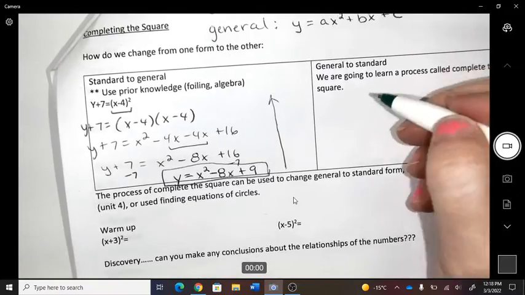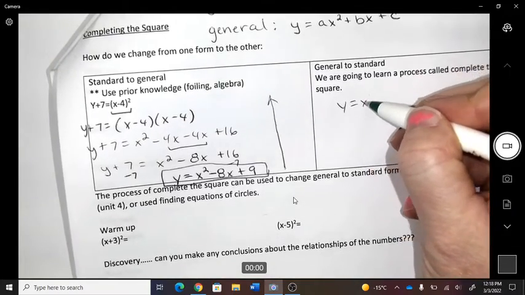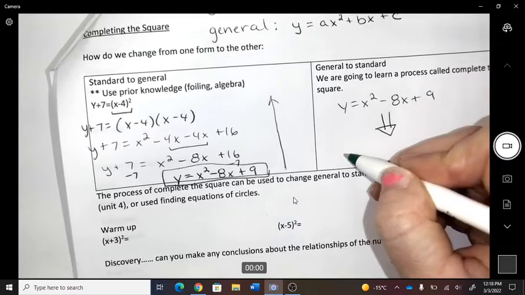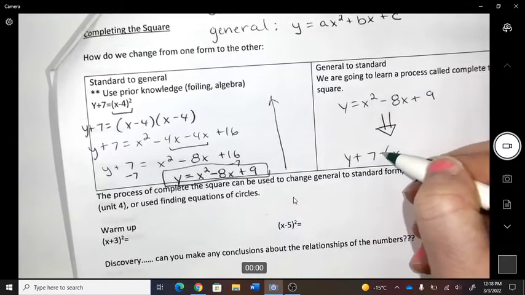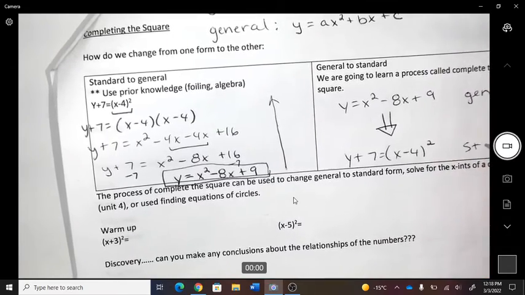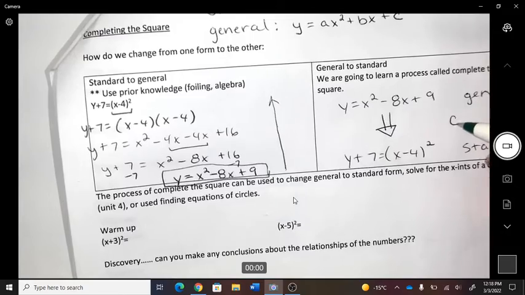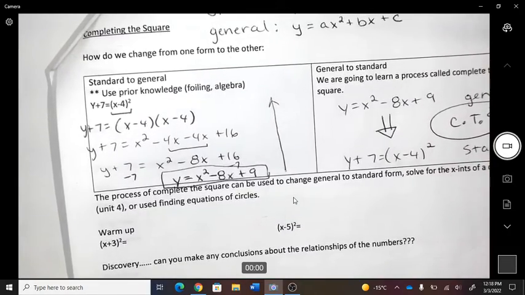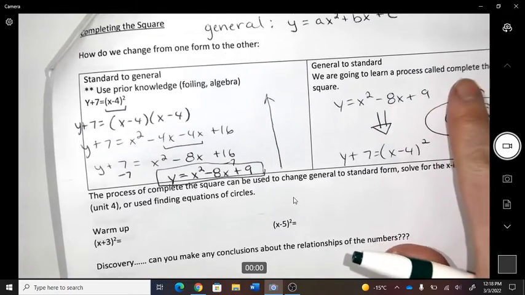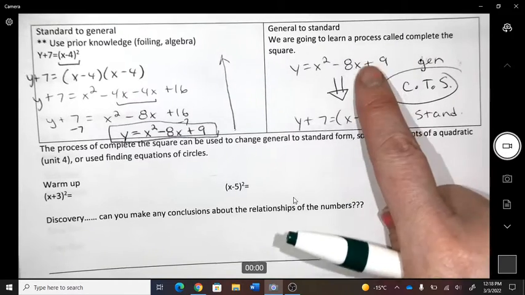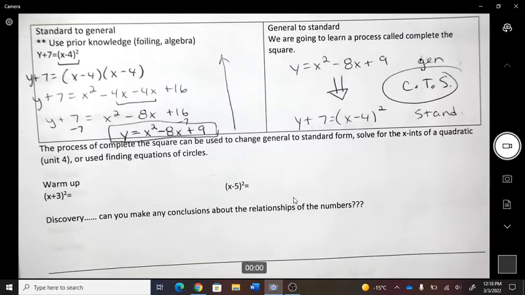Okay? So in general, and if I work to get it to this standard, this process we're going to do today is called complete the square. So I have it written down there, complete the square. We're going to be able to turn it from that to that. Okay, but it's going to take a lot more work than what we just did.